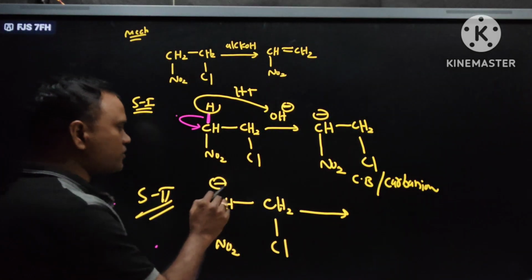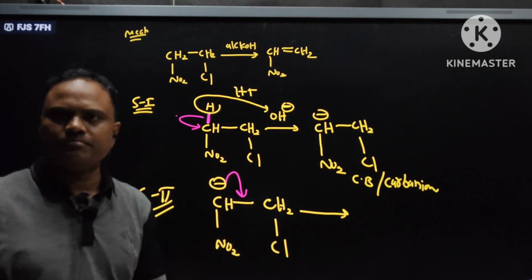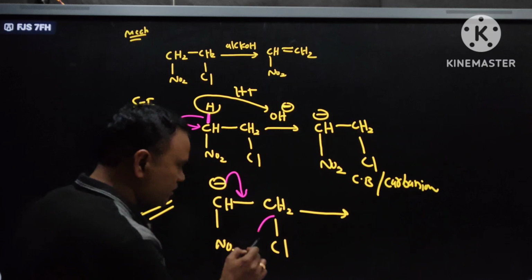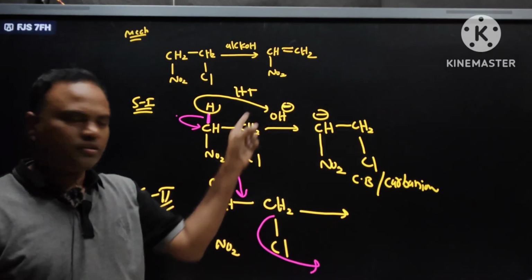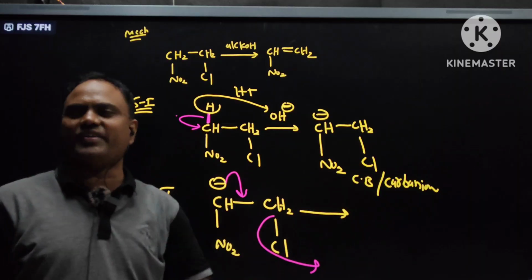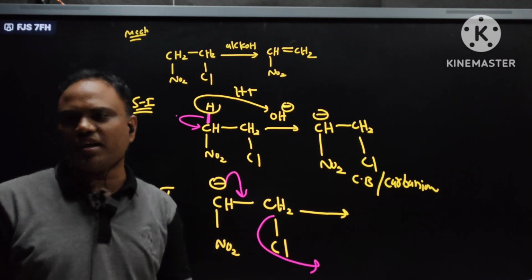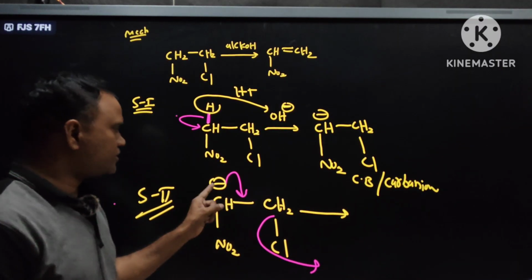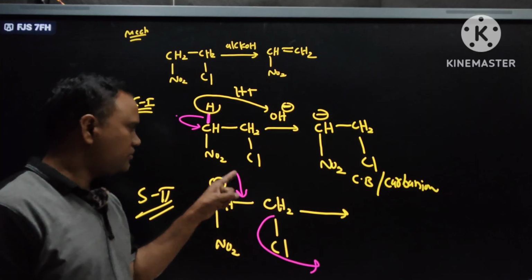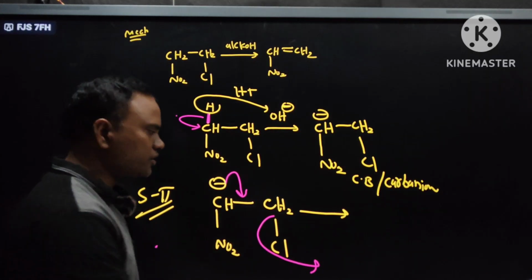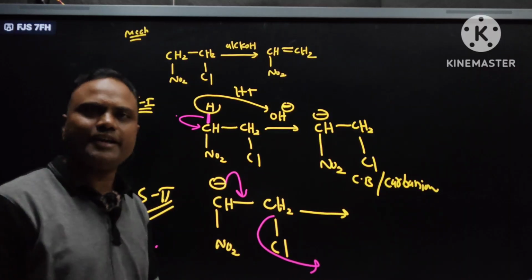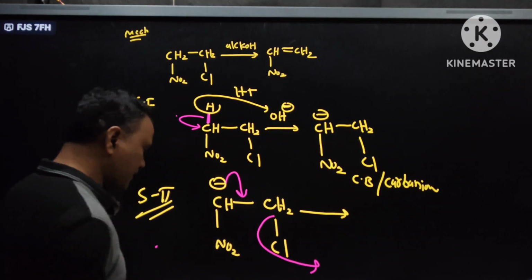I am shifting this negative charge in between these two. At that time Cl leaves. Here H plus is left, and here Cl minus, so HCl. Finally, elimination is taking place or not? HCl. Right? So this negative charge will shift like this, then this bond will go like this. Cl will go along with the bond as Cl minus. In the middle, we will get a double bond.